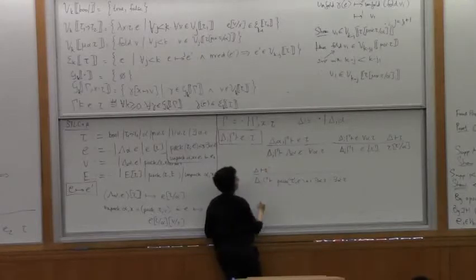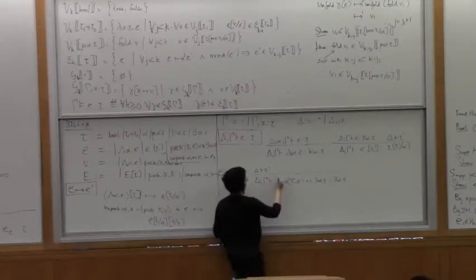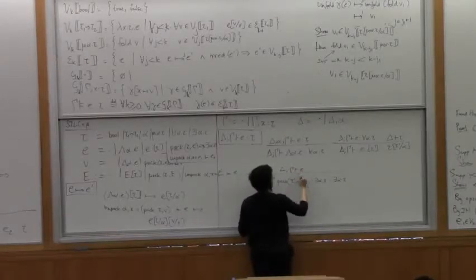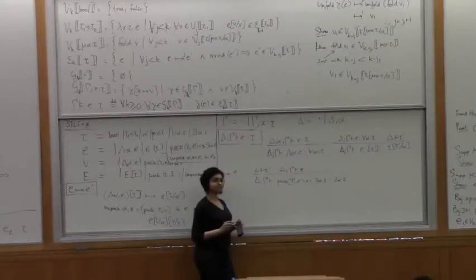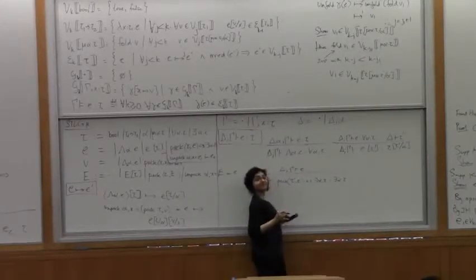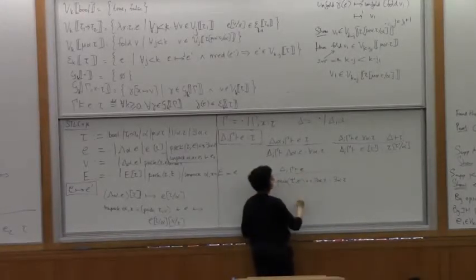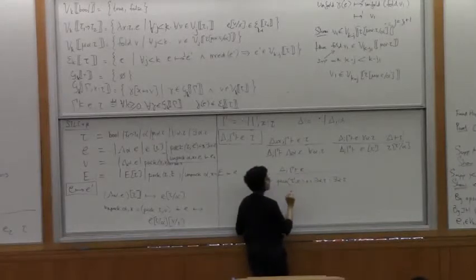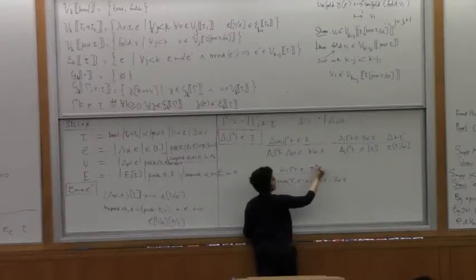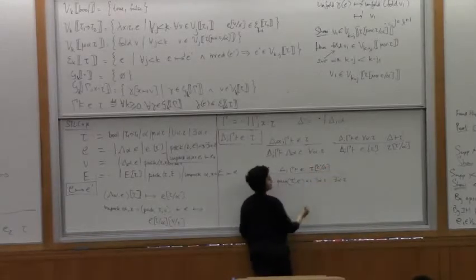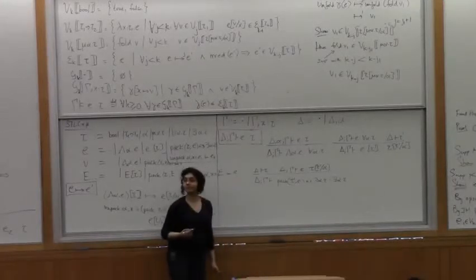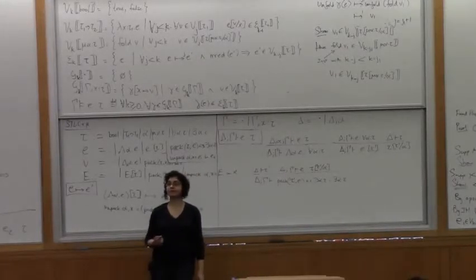Okay, if tau prime is well formed under delta, right, and E has what type? E has to have type tau with tau prime for alpha. Right? Sorry.